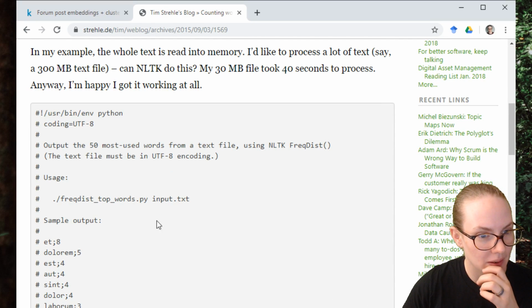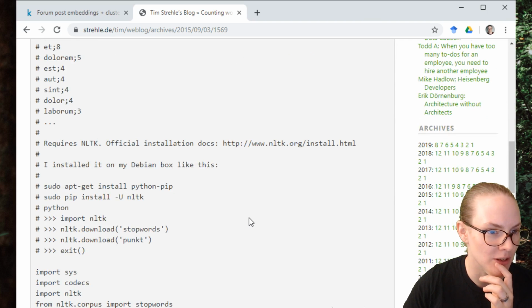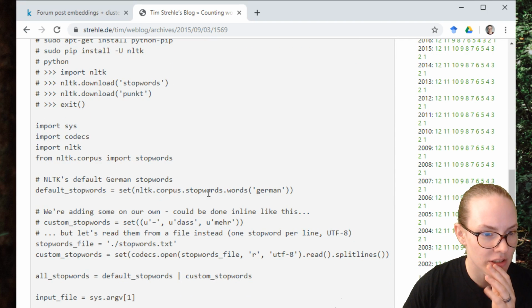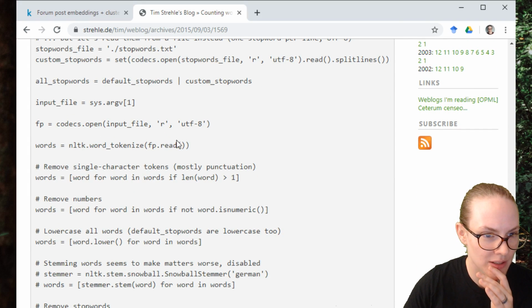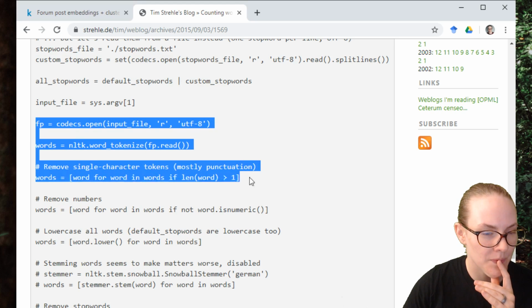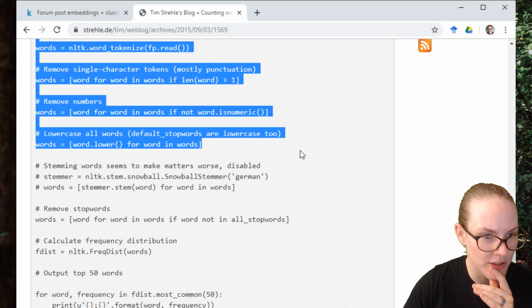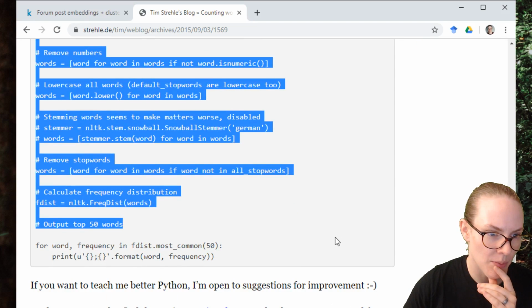All right. From a text file using NLTK, freqdist frequency distribution must be in UTF-8 encoding. Default German stop words, custom stop words, all stop words, codex open, tokenize the file, remove words and numbers, lowercase all words, stemming the words. I don't think I actually want to use a stemmer. Stop words and frequency distribution.